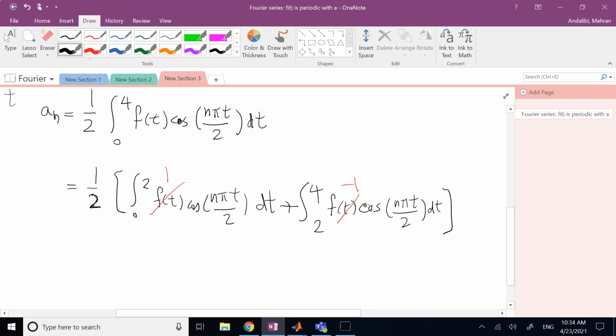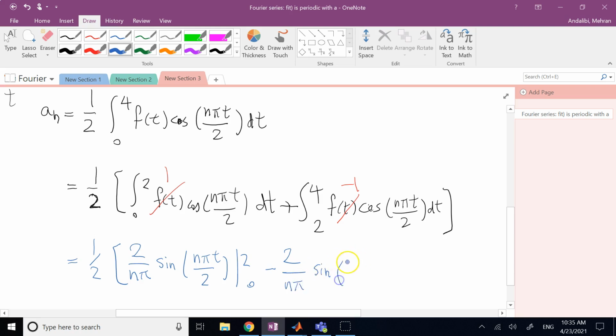And here you will get 1/2 of, this coefficient comes out, it is going to be 2 over n pi sine of n pi t over 2, calculated at 2 and 0, and this is going to be basically -2 over n pi sine of n pi t over 2, again calculated at 4 and 2 subtracted.